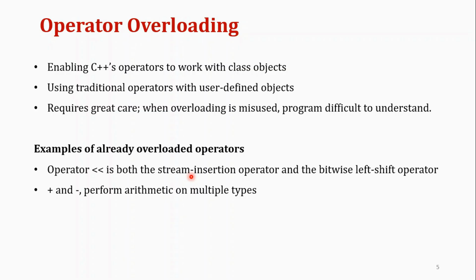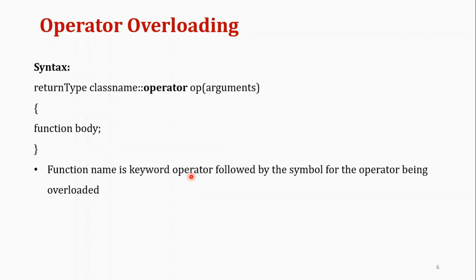Okay, so let us see the syntax for overloading an operator. We have to define a function for an operator. The syntax is the return type of the function, the class name in which we are overloading, the scope resolution operator, the operator keyword, and OP, the operator symbol, such as plus, minus, less than, greater than, any symbol.